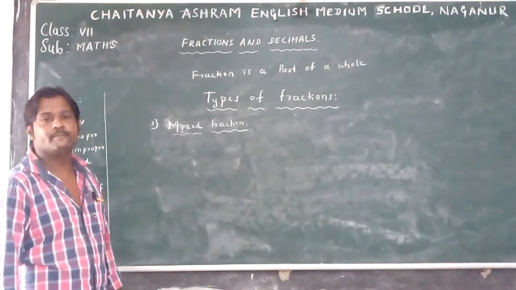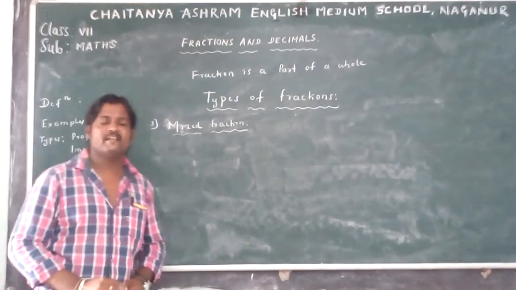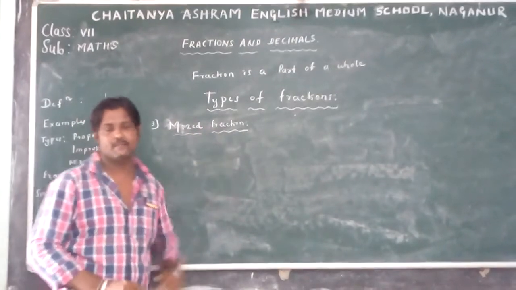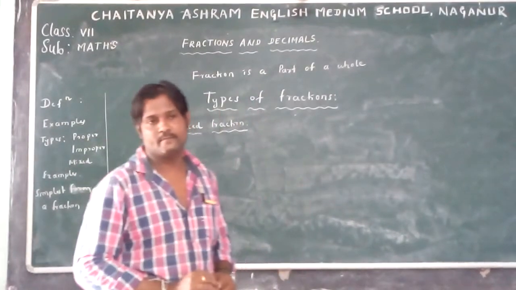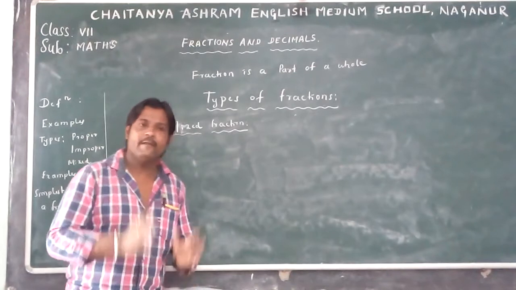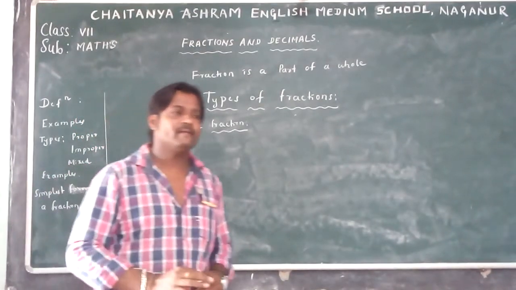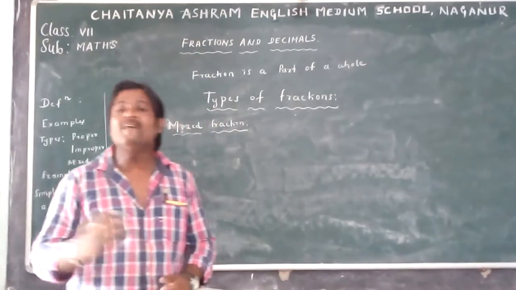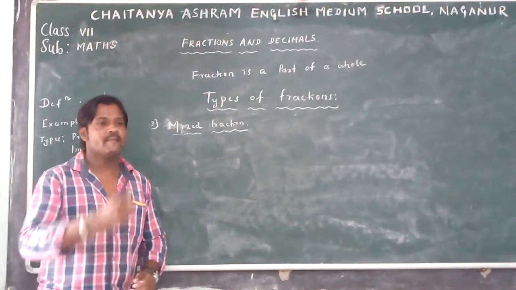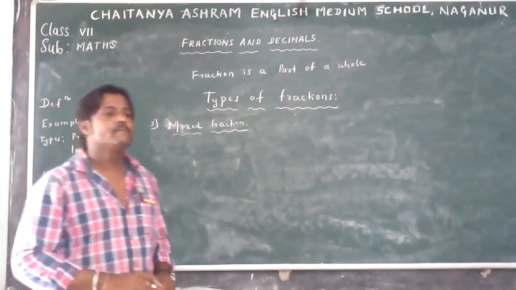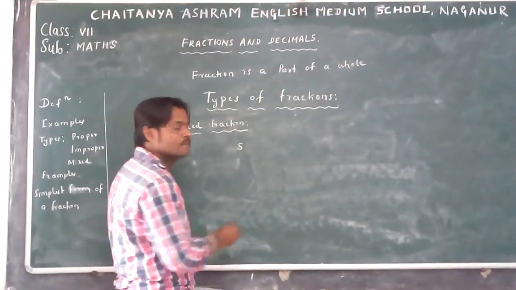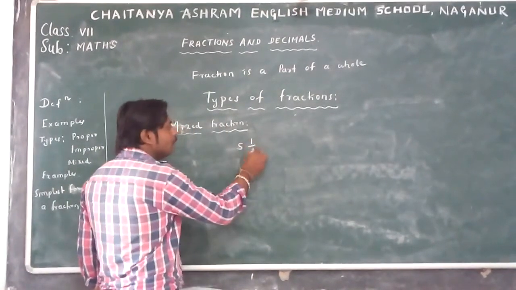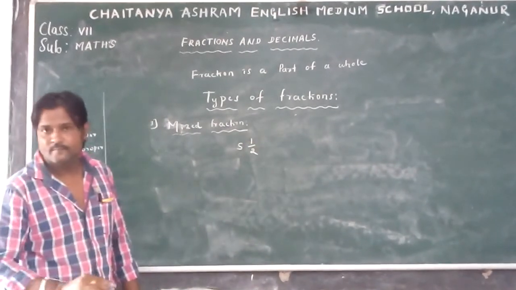Yes, students, the third type of fraction is mixed fraction. What is mixed fraction? How is it like? If you learned last year, recall that and give me an example for mixed fraction. Yes, okay. 5 whole 1 by 2. Very good.